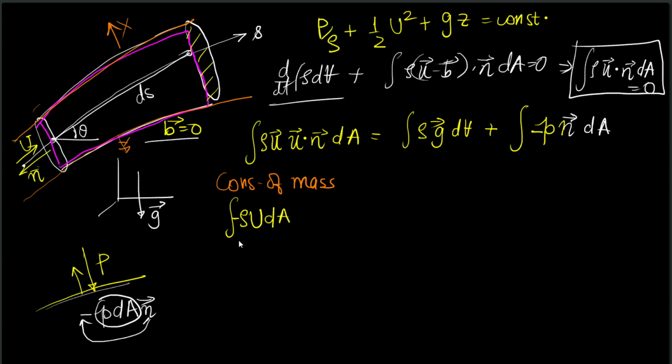So there will be a negative sign. If we take a very small element, it's going to be true that this will be equal to minus rho u times A at this point. So this is at the left face.